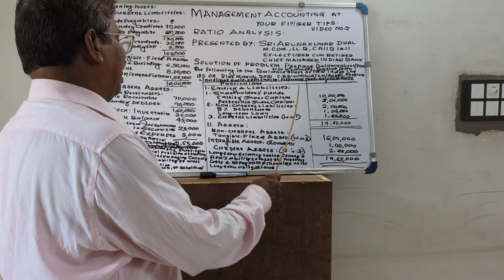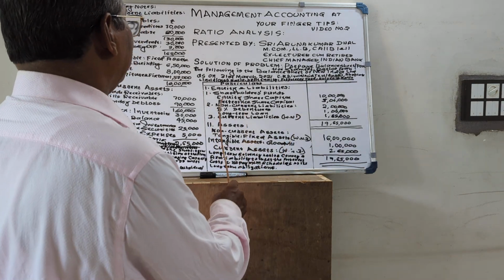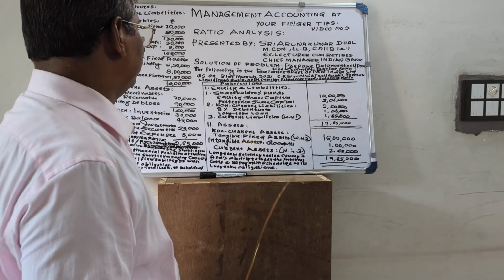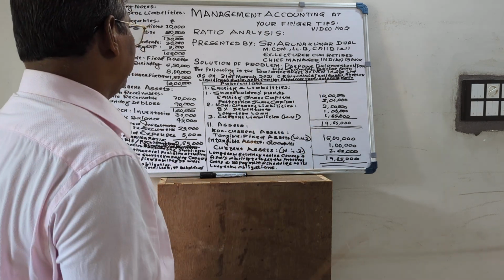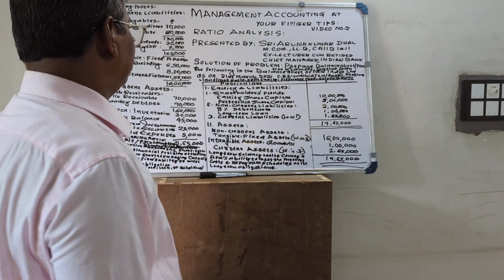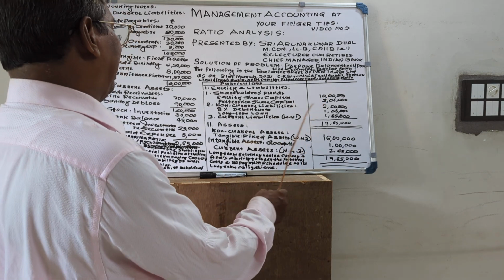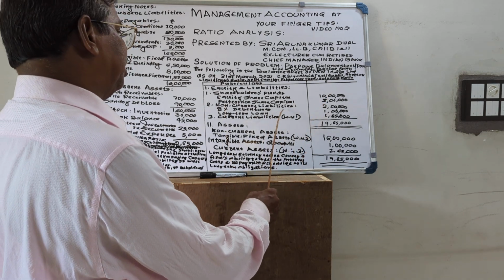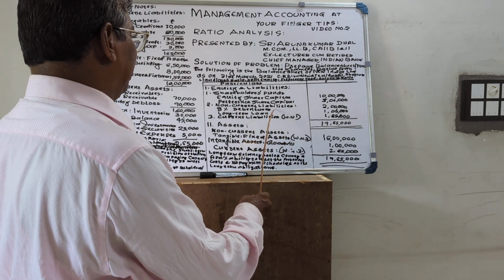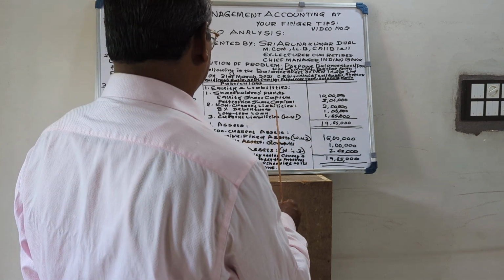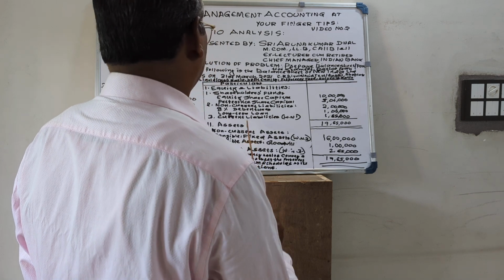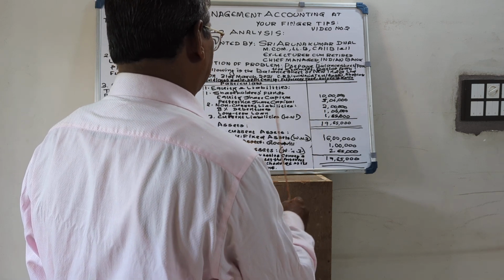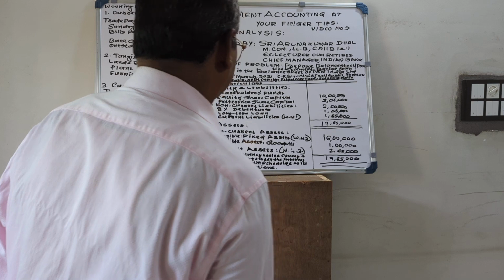First, equity and liabilities. Under shareholders' funds, equity share capital was 10 lakh and preference share capital was 5 lakh. Then non-current liability: 8% debenture, that is fixed interest bearing investment by the debenture holder, is 2 lakh. Long-term loan from a financial institution is 1 lakh.